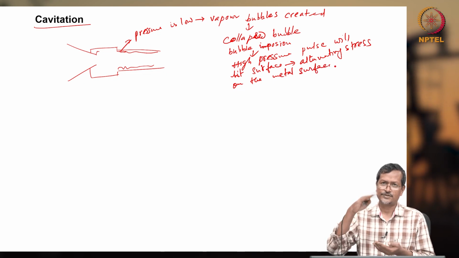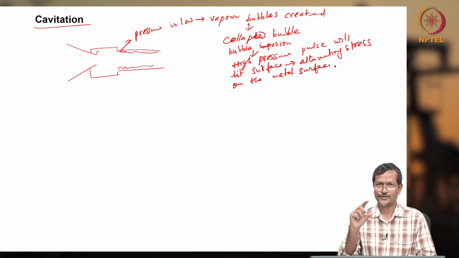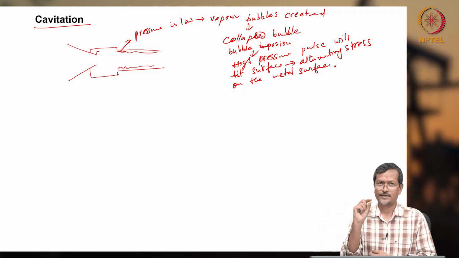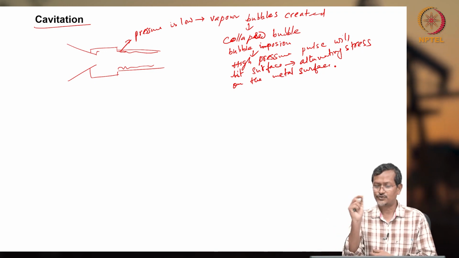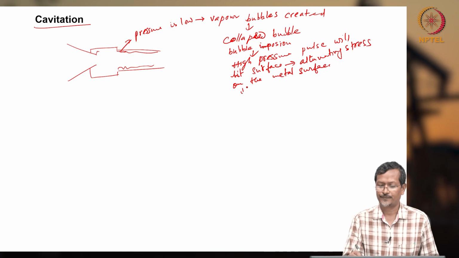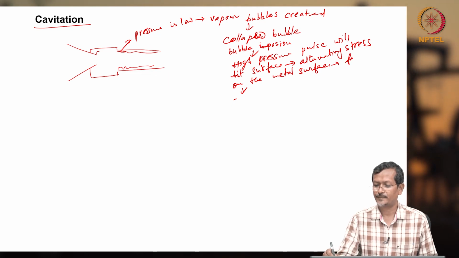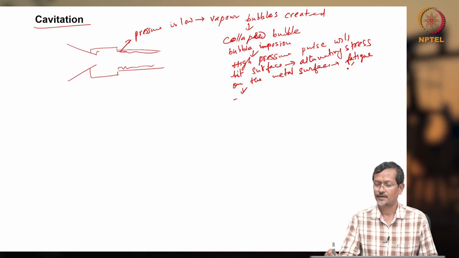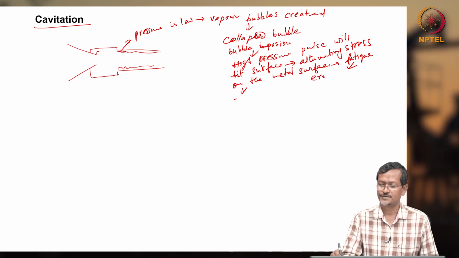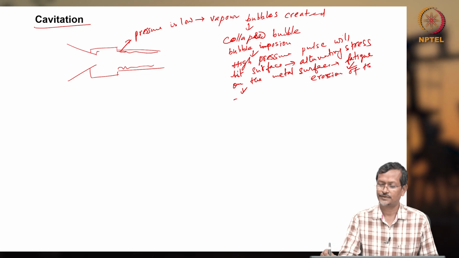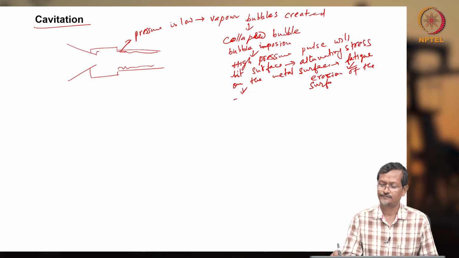Okay, so when it continuously gets alternating stress, bubble created, destroyed, created, destroyed, the metal surface pitting will be there, so gradual erosion will be occurring. Alternating stress will be there, so surface fatigue will be coming, then erosion of the surface will be occurring.